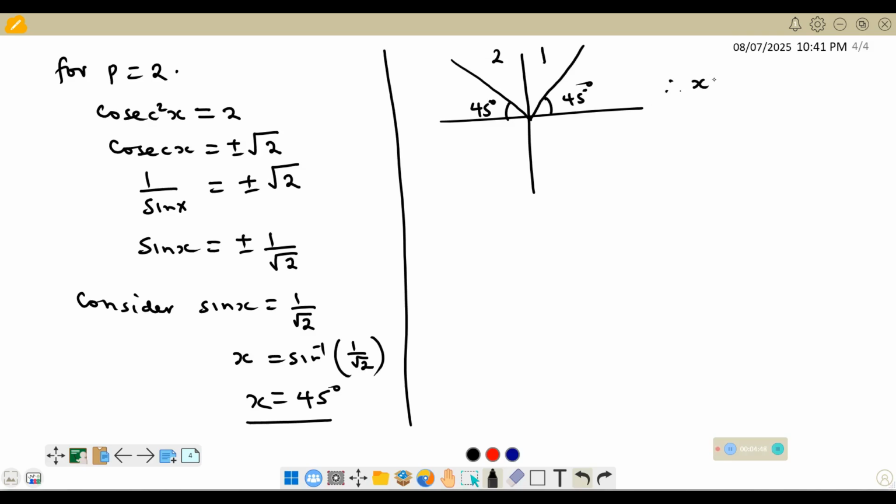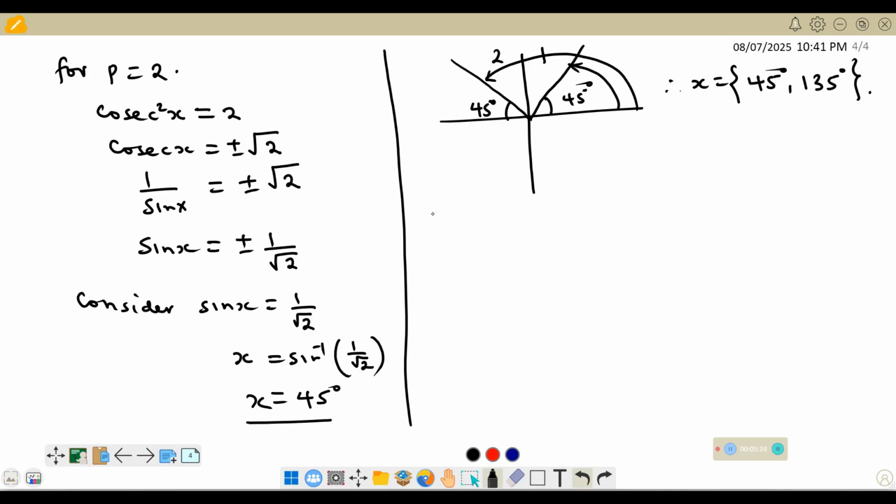It implies your values for x will be, the first one 45 degrees, and the next one will be this angle here, 180 minus 45 degrees, and that will give us 135 degrees. So that is what we shall get for the values of x that lie in the range of 0 to 360 degrees. Having got that, remember we still have sine of x equal to the minus.